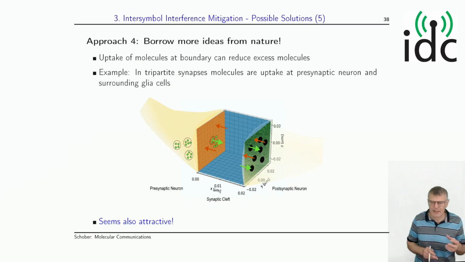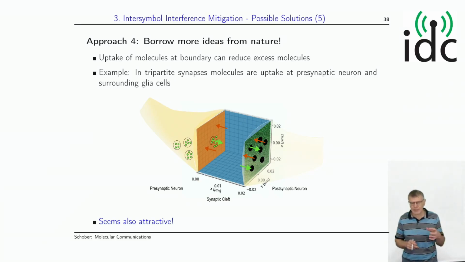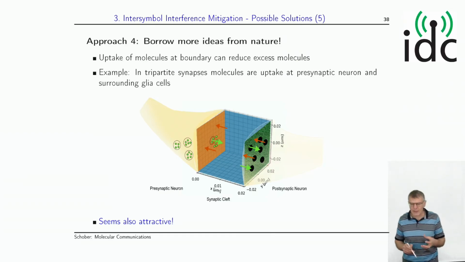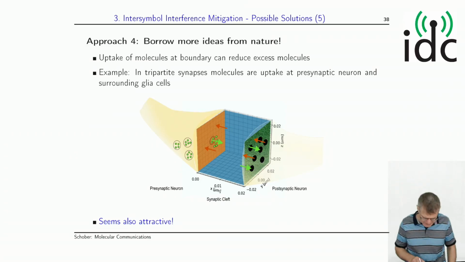And when an action potential, so an electrical signal, arrives at the presynaptic neuron, this information is transferred to the postsynaptic neuron by release of neurotransmitters, so signaling molecules. The signaling molecules are these green dots that you see.